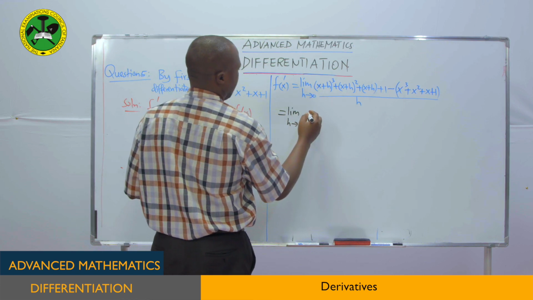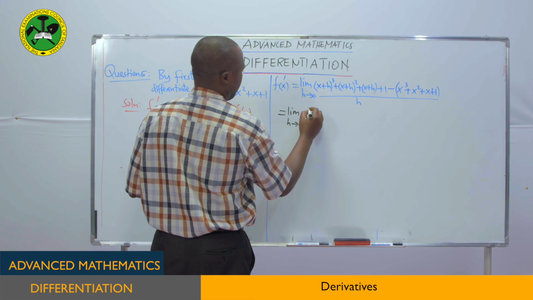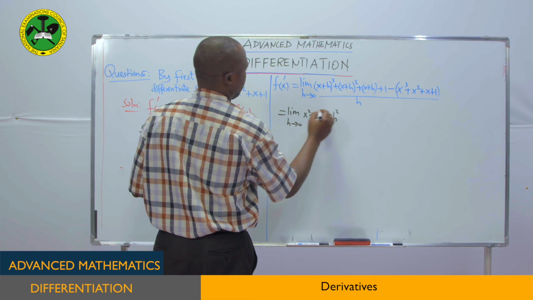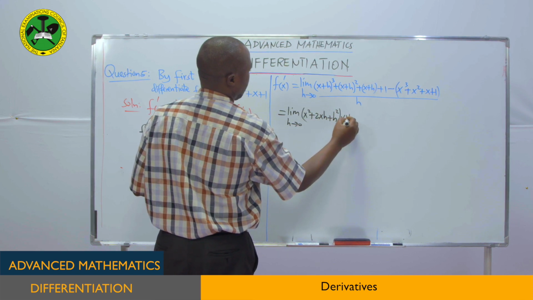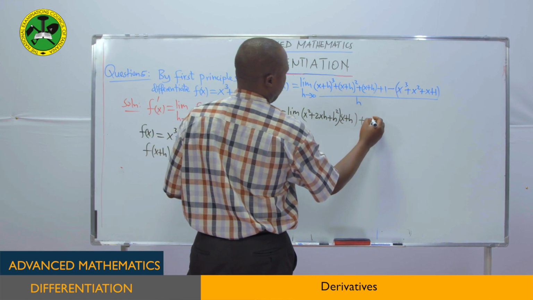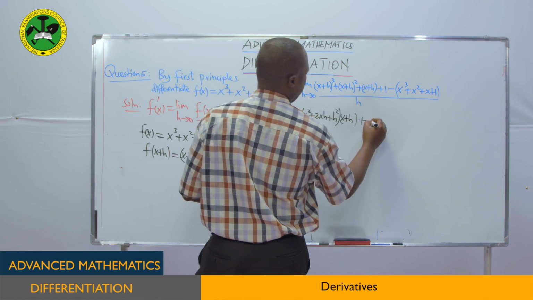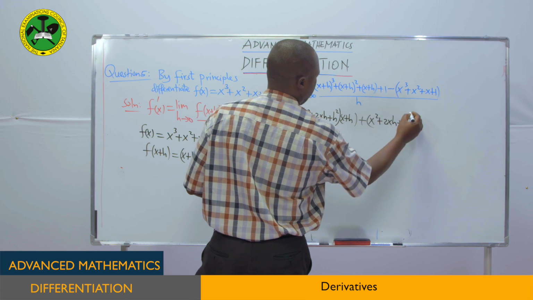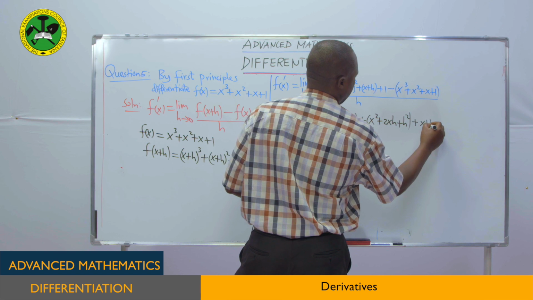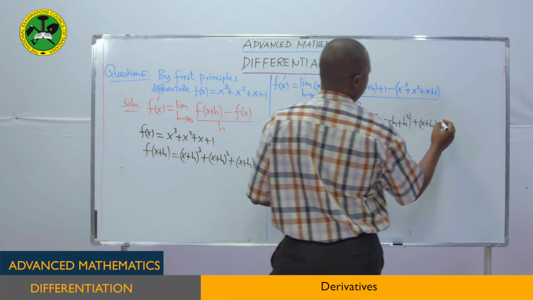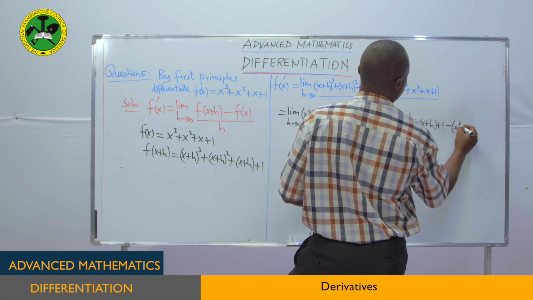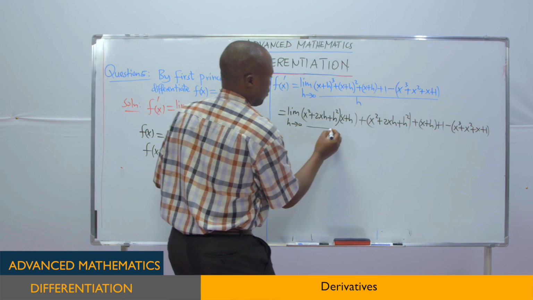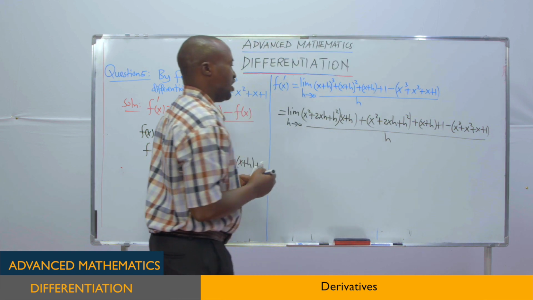For the case of cubic, that will be (x squared plus 2xh plus h squared) times (x plus h), then again plus, for the case of (x plus h) squared, again that one is x squared plus 2xh plus h squared, then plus x plus h plus 1, then minus x cubic plus x squared plus x plus 1, but the whole thing over h.